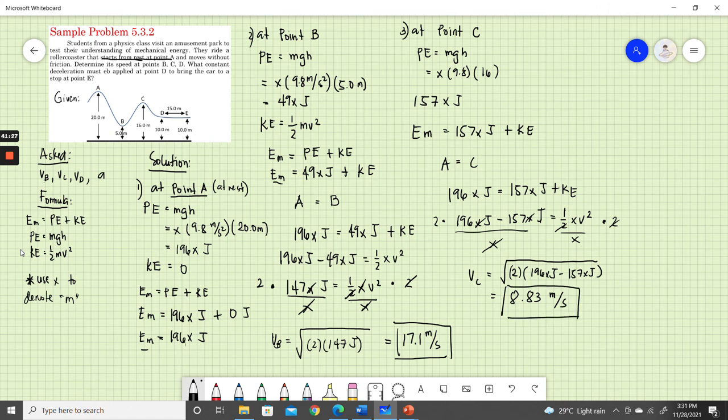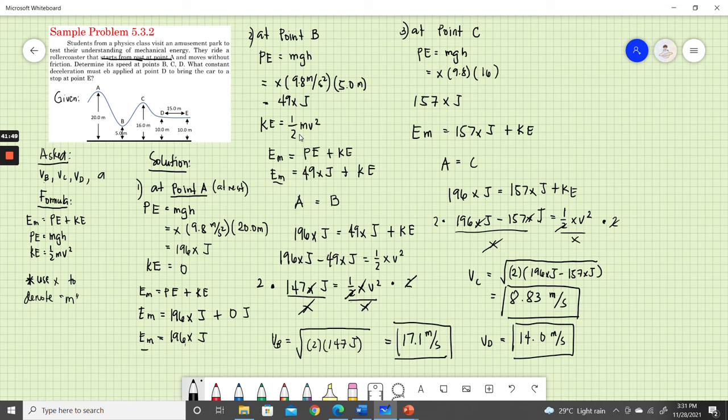And for D, just do the same thing and you will get that the velocity at D is actually equal to 14.0 meters per second. I'm not going to show how to solve D because it's basically the same thing, no? So I hope that is clear.